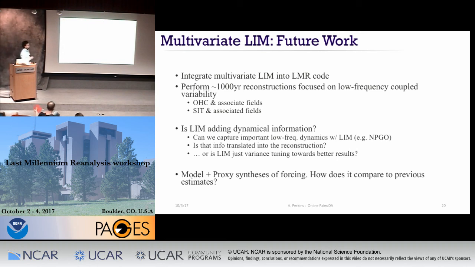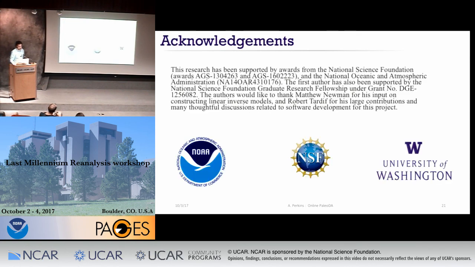So coming up with some experiment to test whether dynamical information, like from the ocean heat content fields, is being imparted on our actual proxy reconstruction will be useful. And then also potentially investigating forcing. I know Julian will be talking a little bit about that maybe, but not this kind of forcing, but we've talked about that. So moving forward, there are a lot of cool things coming up.